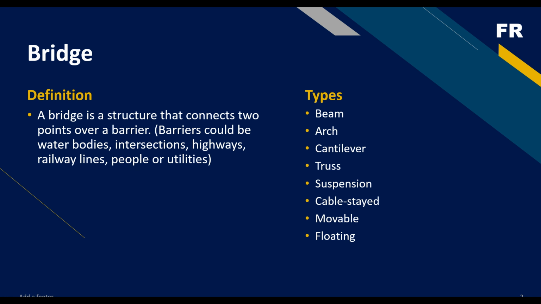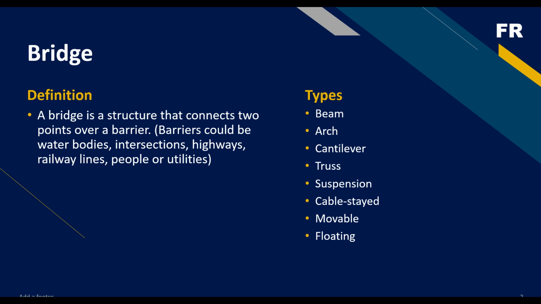So first, let us talk about what we mean by a bridge in structural terms. A bridge is a structure that connects two points over a barrier. So any structure that connects two points over a barrier is called a bridge. This is in layman's terms.